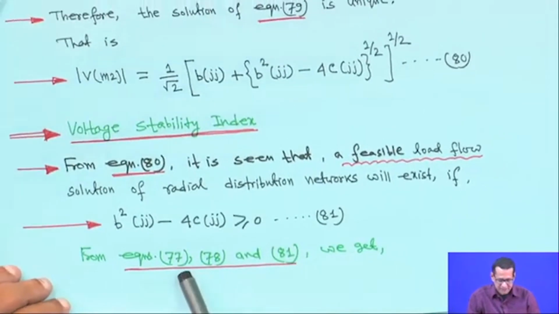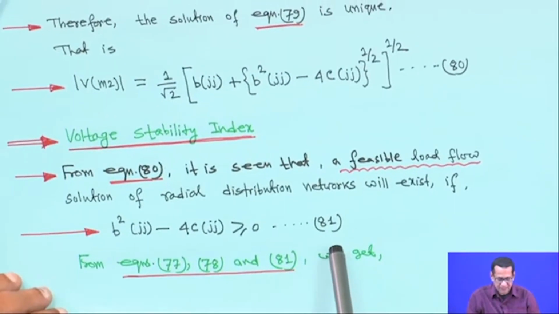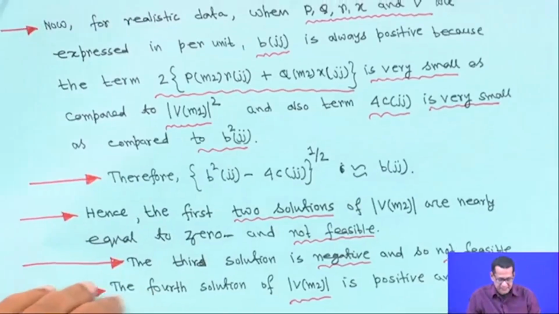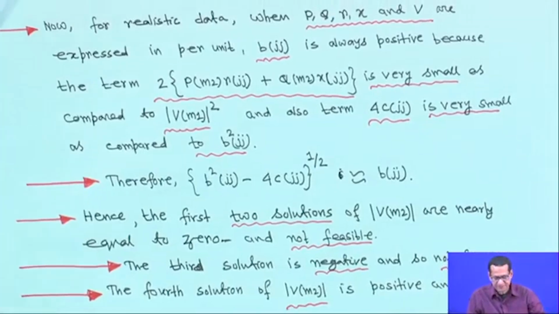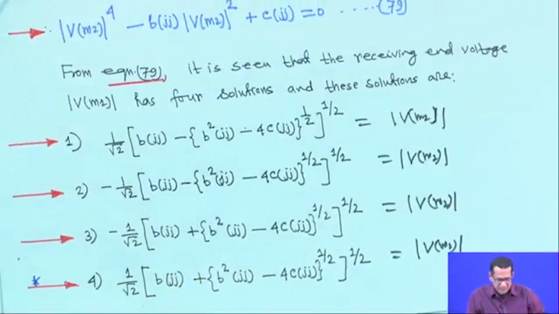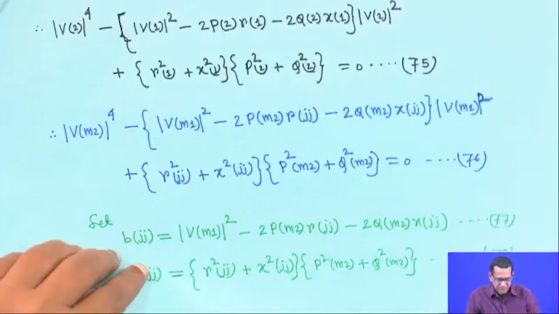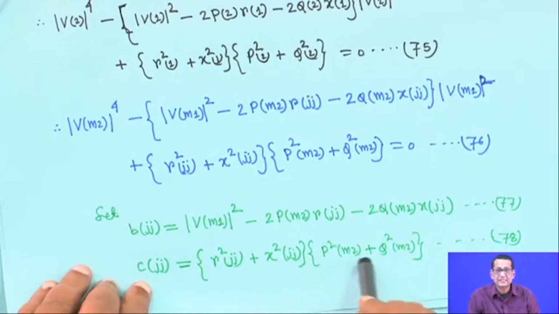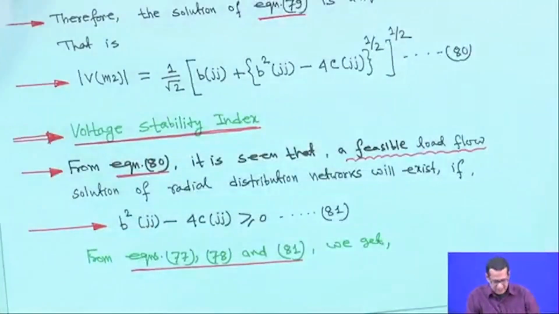Therefore, from equations 77, 78 and 81 we get, that means equations 77 and 78 are bjj and cjj.